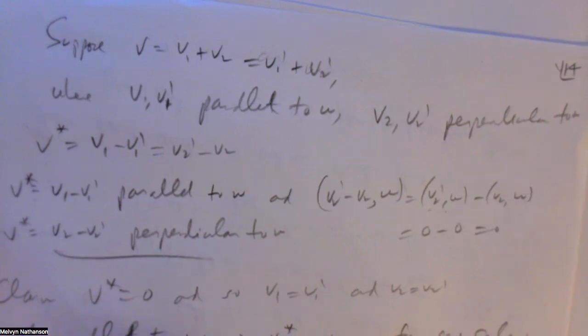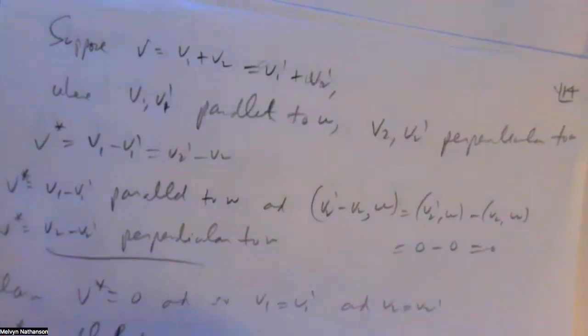And if I take out the c, that's c times w inner product with itself, c times the length of w squared. But w is a non-zero vector. So therefore c equals 0. So therefore v star equals 0. So this decomposition of a vector into a component parallel and another component perpendicular to w is unique. This is all the basic geometry of inner product spaces.